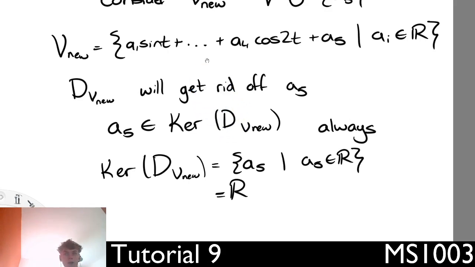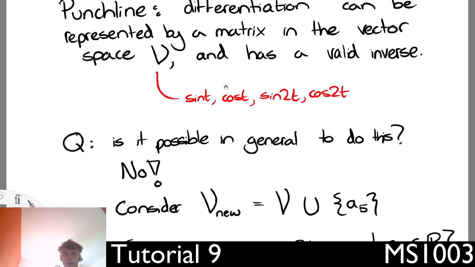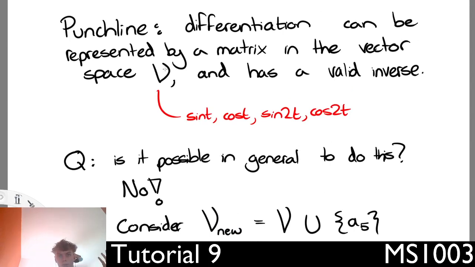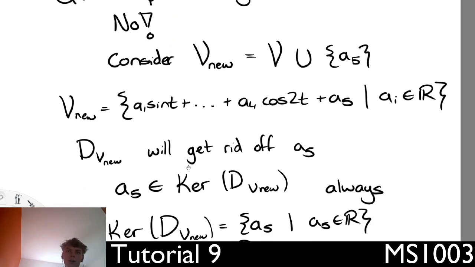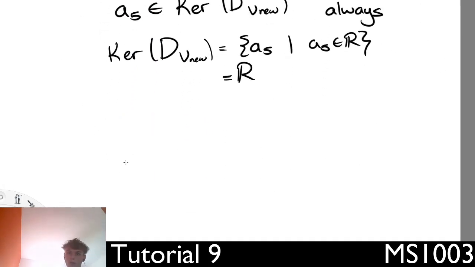In our idealistic world where all functions look like they're in V, then we do have invertible differentiation. But in the real world, when we have to deal with things like constant functions, we find differentiation is never invertible. And this is why when you integrate something, you have to add the plus c, or you have to solve the condition given on the bound to the integral.